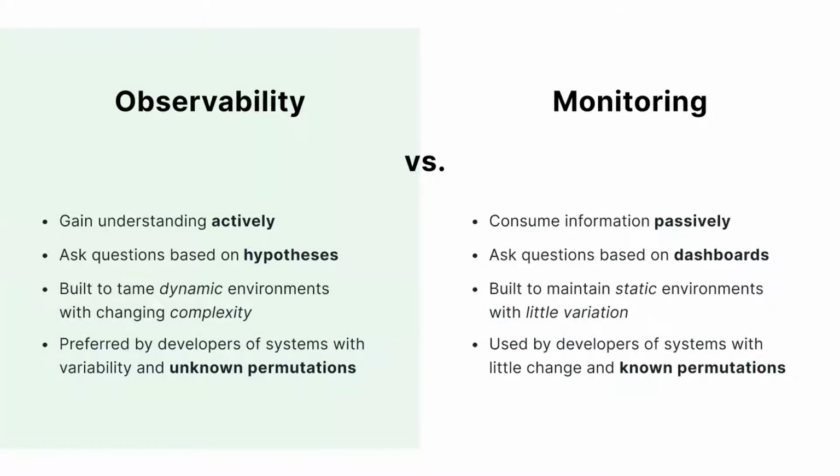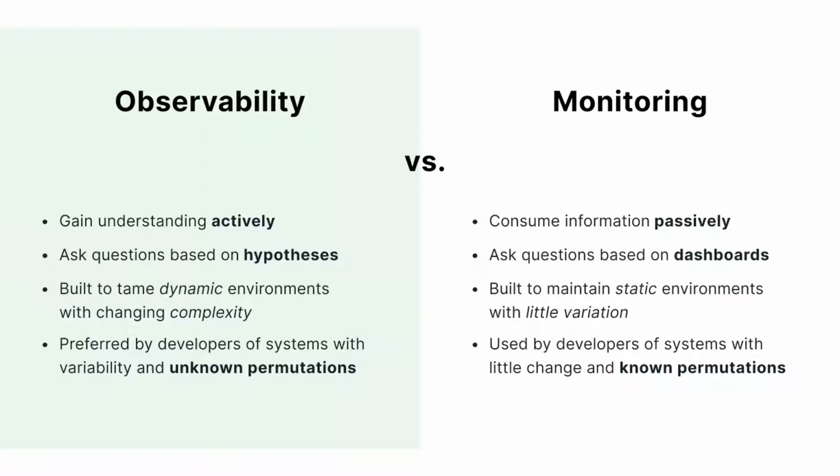So what are the major differences? Observability gains understanding actively, whereas monitoring consumes information passively. Observability asks questions based on hypothesis. Monitoring asks questions based on a dashboard. Observability is built to tame dynamic environments with changing complexity. Dynamic environment means Kubernetes, containers, and pods.